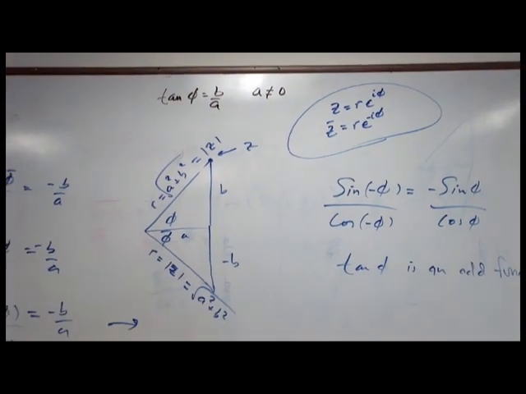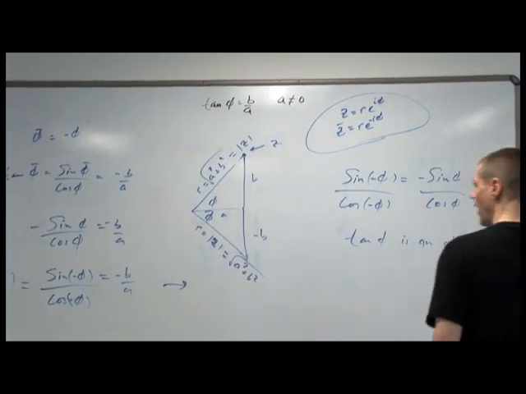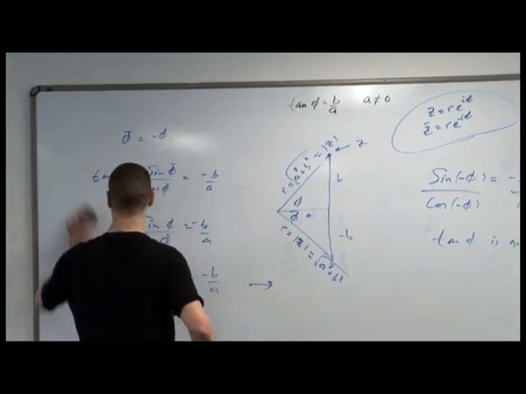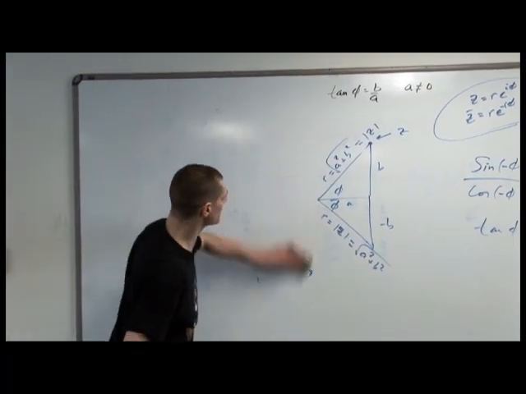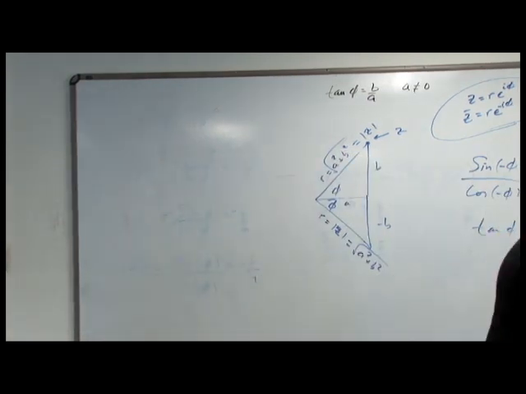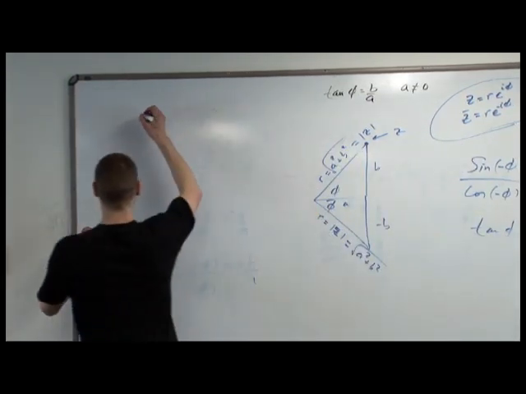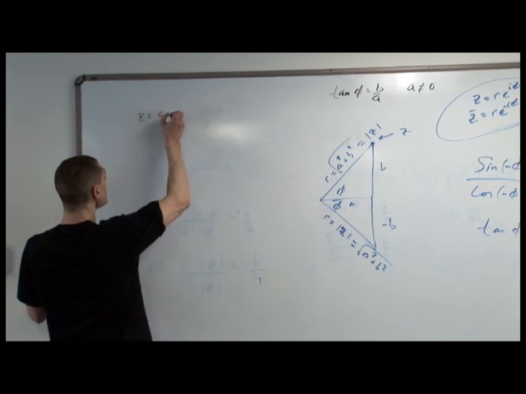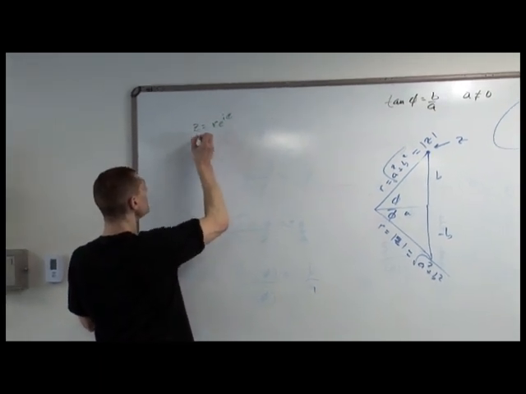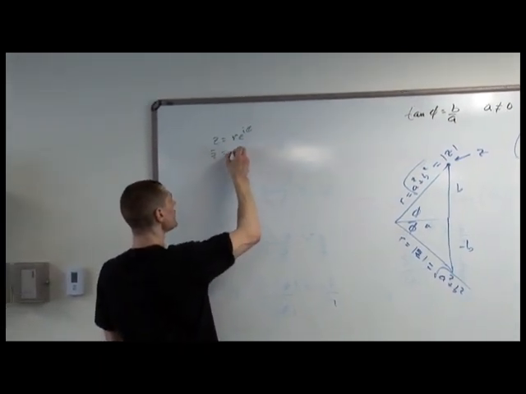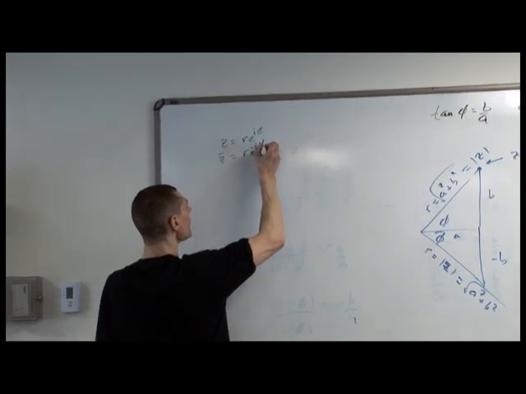Okay, so anyway, I'm trying to show that these things are in fact equivalent, and the reason I went into this was I want to do this. If z is equal to r e to the i theta, we know that z bar, or the complex conjugate, is r e to the minus i theta.